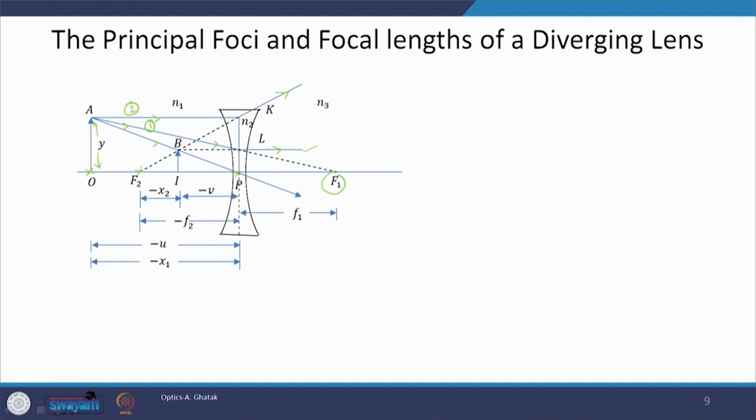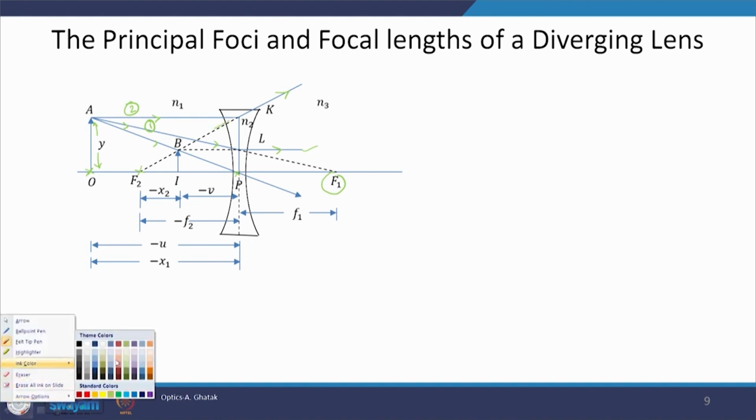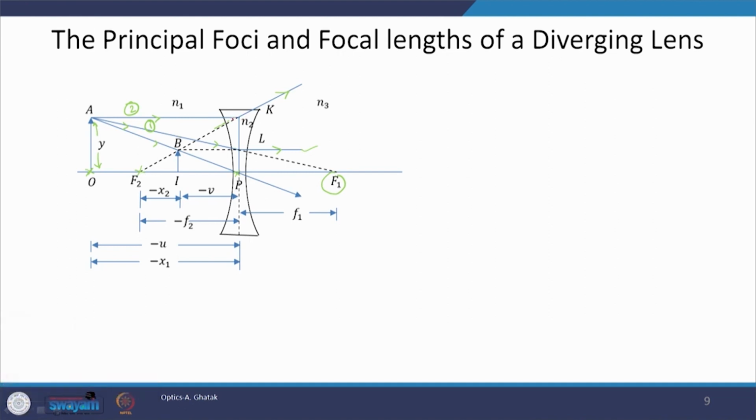We see that ray number 1 and ray number 2 are not meeting, because they are going in different directions, but if you extend them back, you see that all three meet at point B. Then you draw a perpendicular from point B to the axis of the system, and you get IB as the image of object OA.